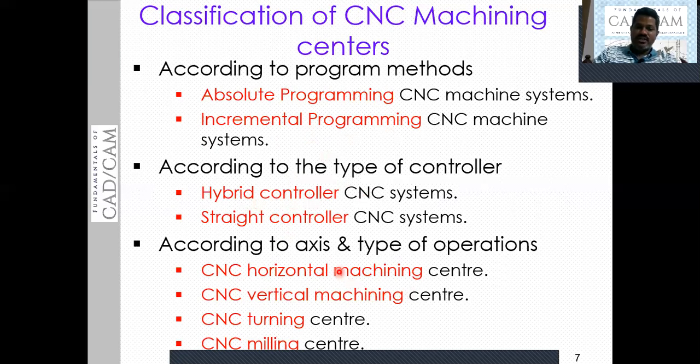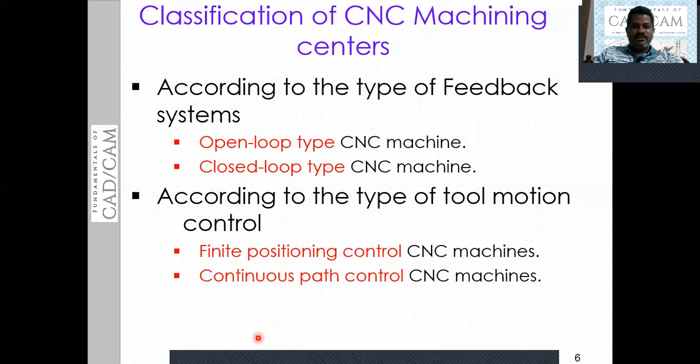how the axis is located, whether it is in the horizontal plane or in the vertical plane, or according to the type of operations, whether the CNC machine performs only the specific work it is designed to do. In that case also you can classify CNC machines as CNC turning centers or CNC milling centers.